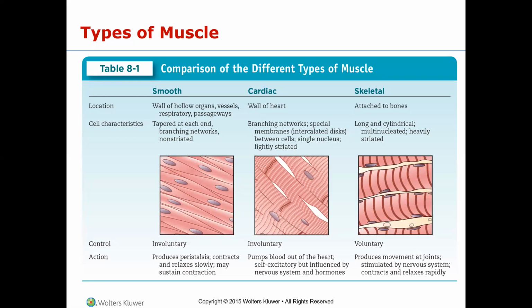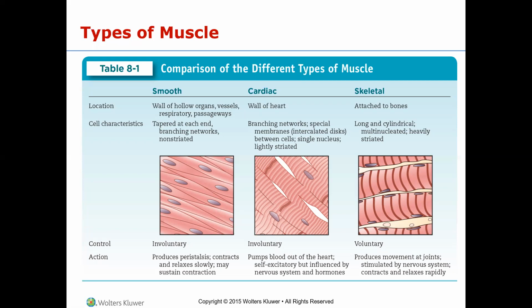So if we look at the three different types of muscles, we have smooth muscle, cardiac, and skeletal. And if you note the diagrams or the pictures there, those drawings, they are very different in terms of the way that they look. Smooth muscle makes up the walls of your hollow body organs, as well as your blood vessels and your respiratory passageways.